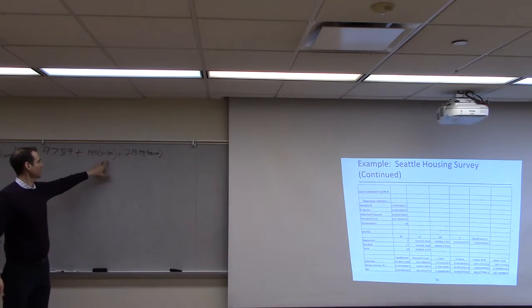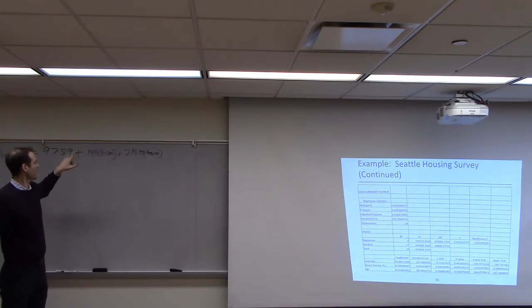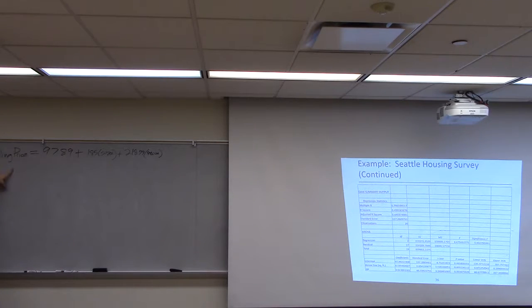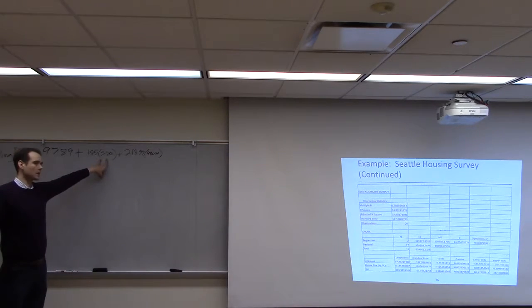So if you have 150,000 square feet, you put 150 in here and multiply that by 0.185, and you're going to get selling price in thousands. So for every 1,000 square feet, how much would you expect your selling price to increase? 0.185. $185.